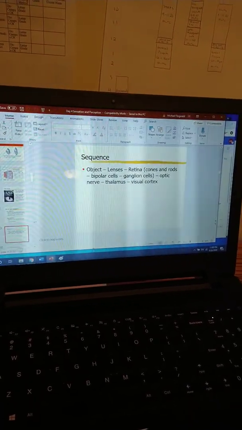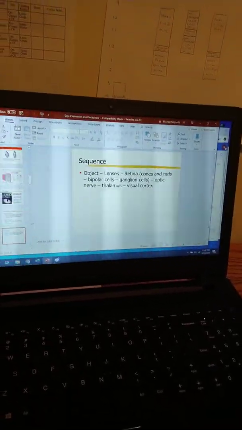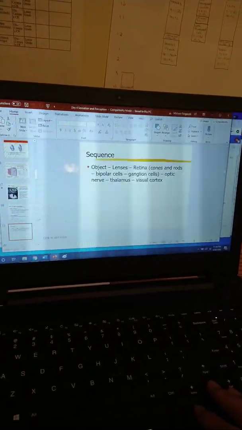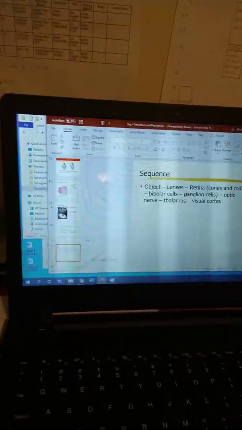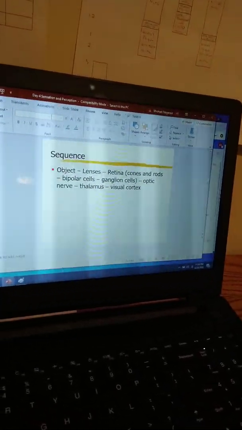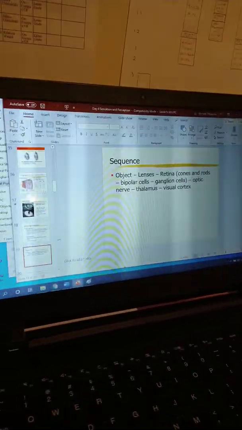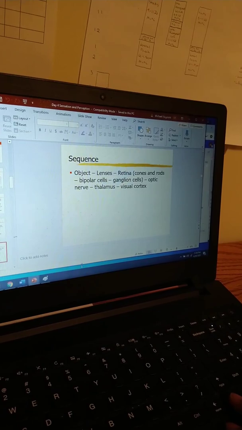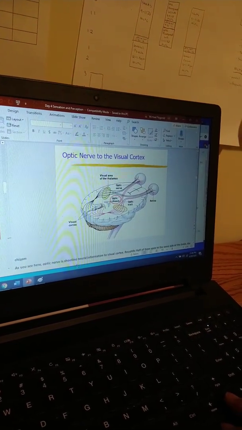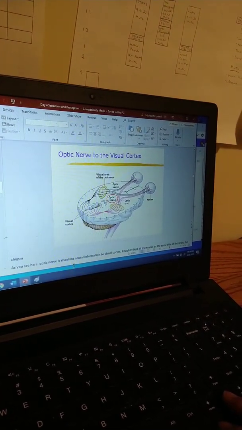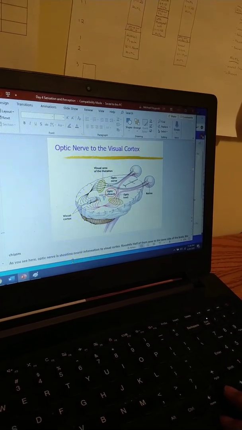I'm not going to hold you guys to this, but this is just to show you the breakdown of the sequence of events that happen to go from our eye all the way up to our visual cortex. The optic nerve.